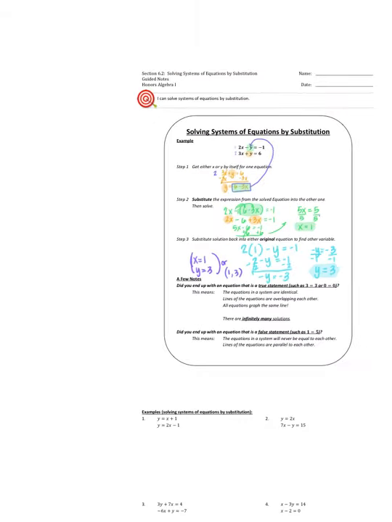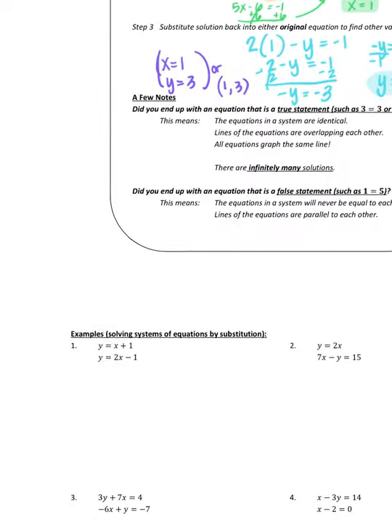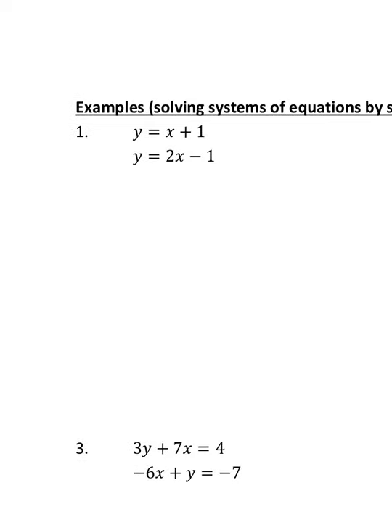Okay, so let's do a couple more together. And some of these are already solved for us. So really all we're doing here, and here's another way you can do it, we call the box and ship method. When we have it like this where y already equals something, we're going to box and ship to where it equals y.